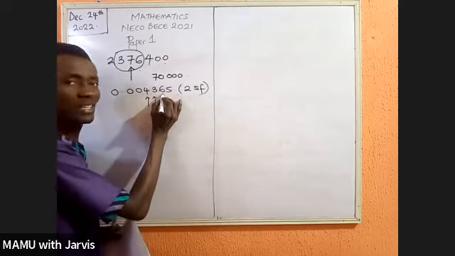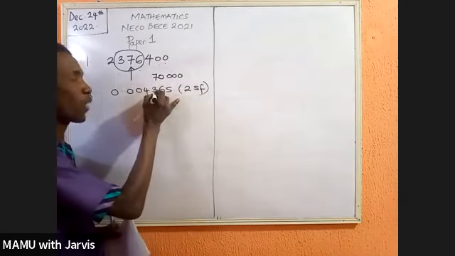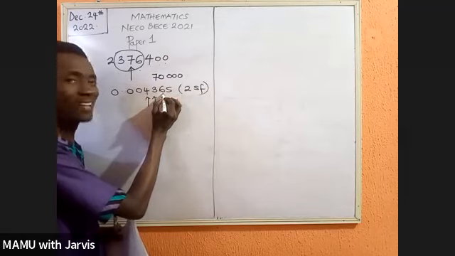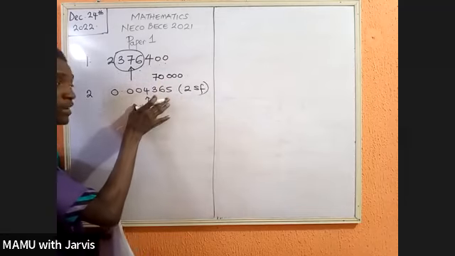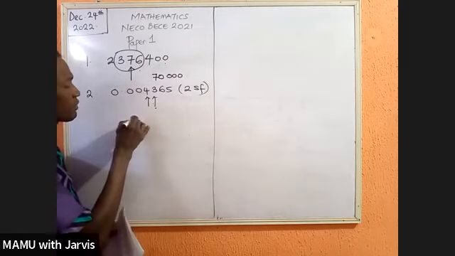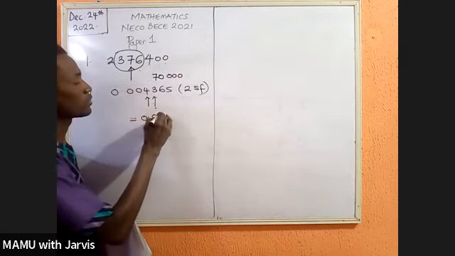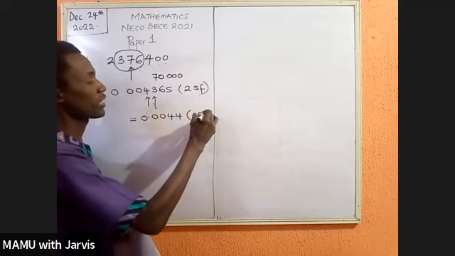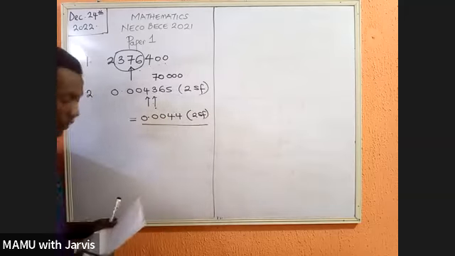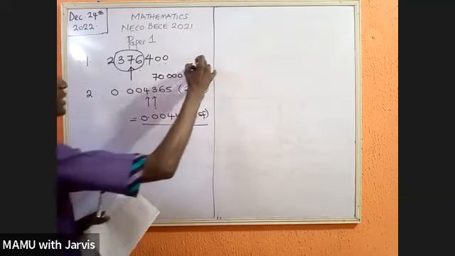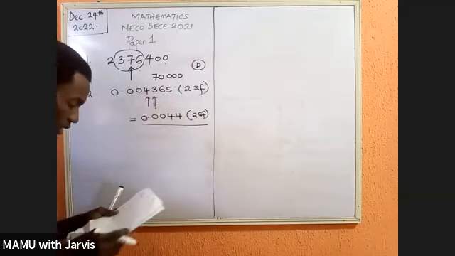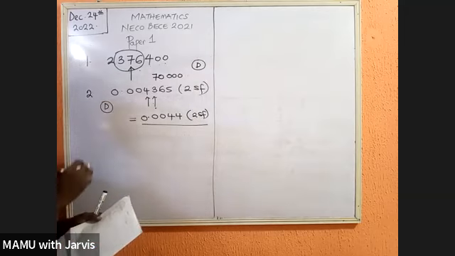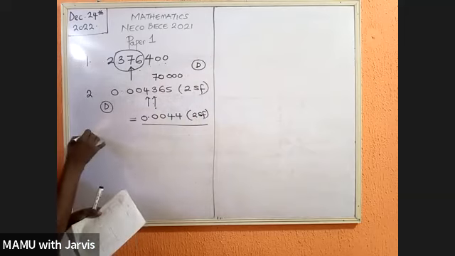If this digit is 5 and above, we'll add 1 to the digit of interest. If it is lower than 5, we will add 0, or some writers will say it remains the way it is. So this answer becomes 0.0044 to two significant figures. That solves that one. By way of answer, this would have been D. Interesting one.